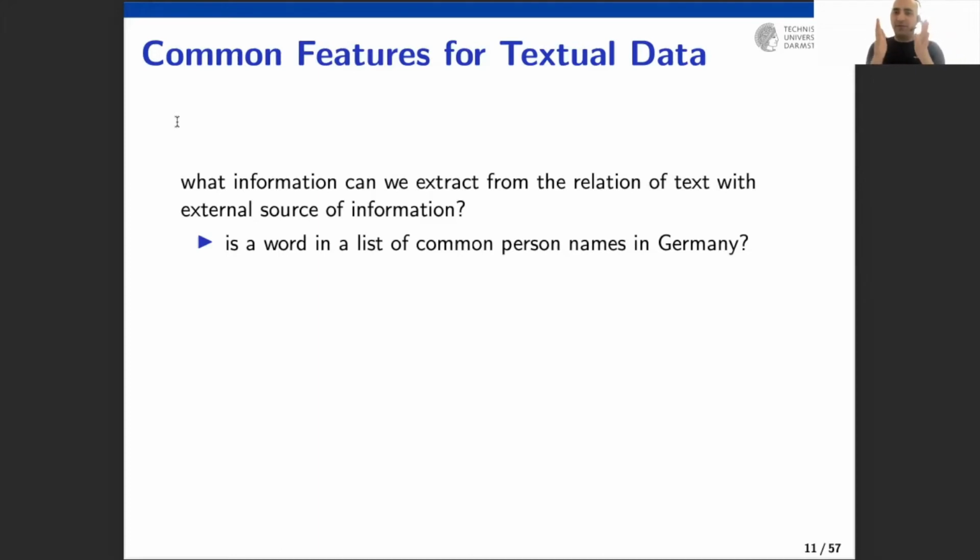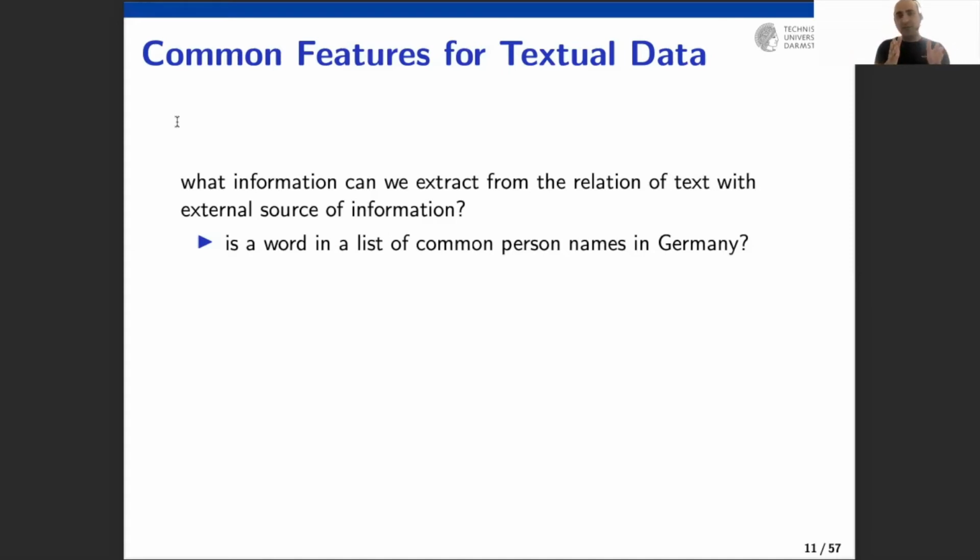So we can assume that in the background knowledge, we keep the list of all common person names in Germany in a file, and given a word and this file, a function can check if the word appears in this file or not, right?